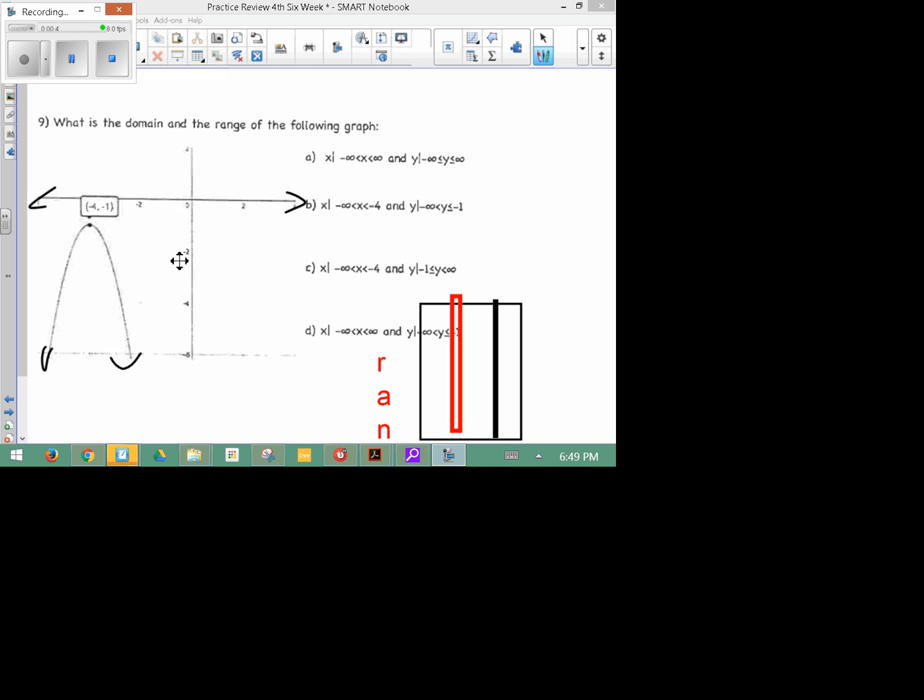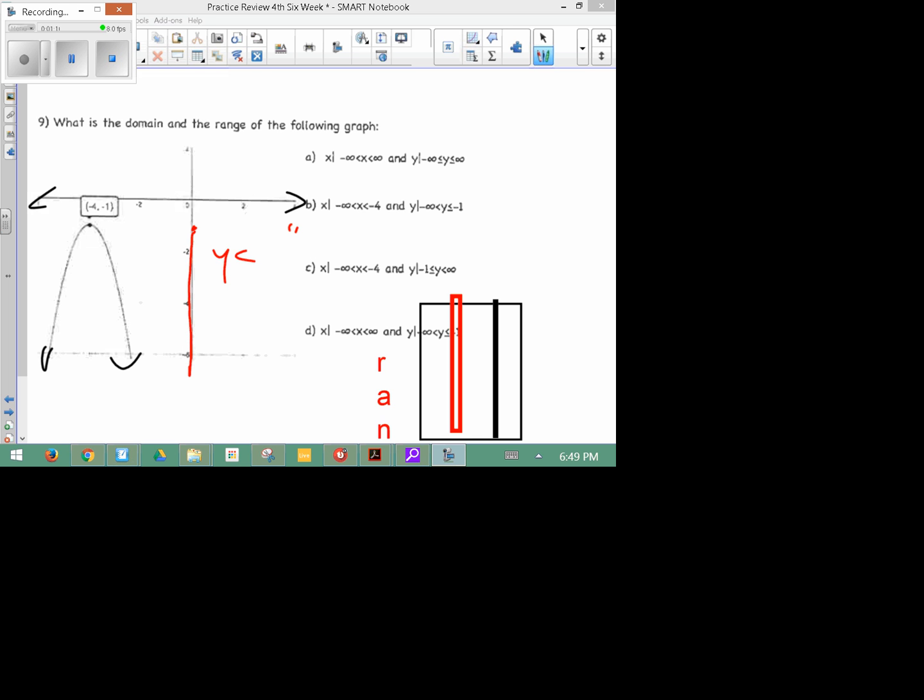But if I look at the range of the graph, I have a maximum point here at y equals negative 1. That looks like a 4, even though I said negative 1. Let me see if I can make that better. If I look at y equals negative 1 right there, then the range of the graph looks like this.